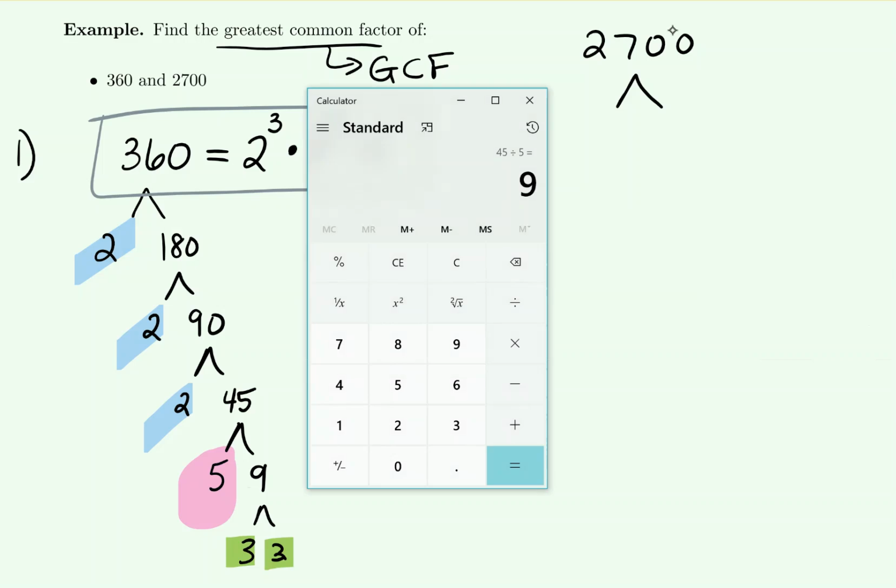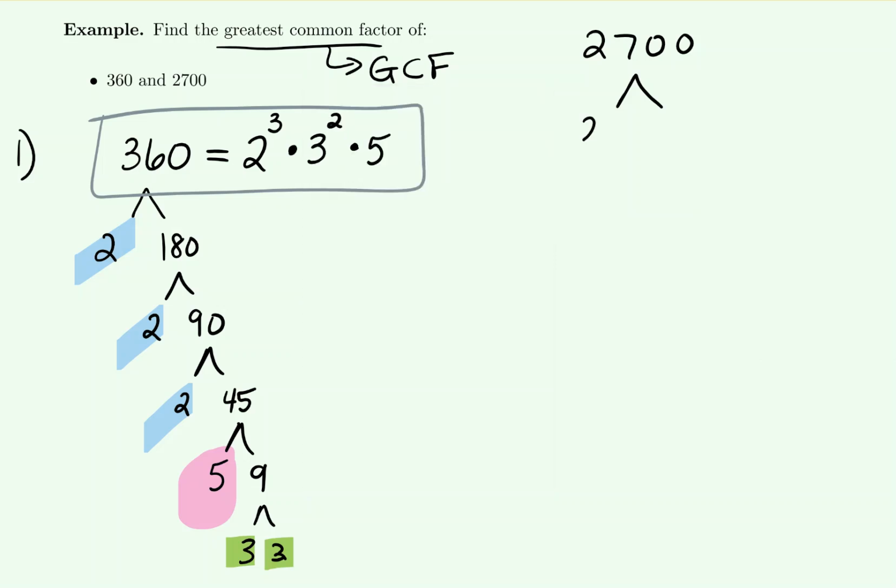Since it's got these 2 zeros, I know that 100 is a factor of 2700. So I could start by saying this could be split into 27 times 100. Now neither of these are prime numbers, so I'm going to have 2 splits. Now 100 is even, so I could divide it by 2, but that could take a bit of time.